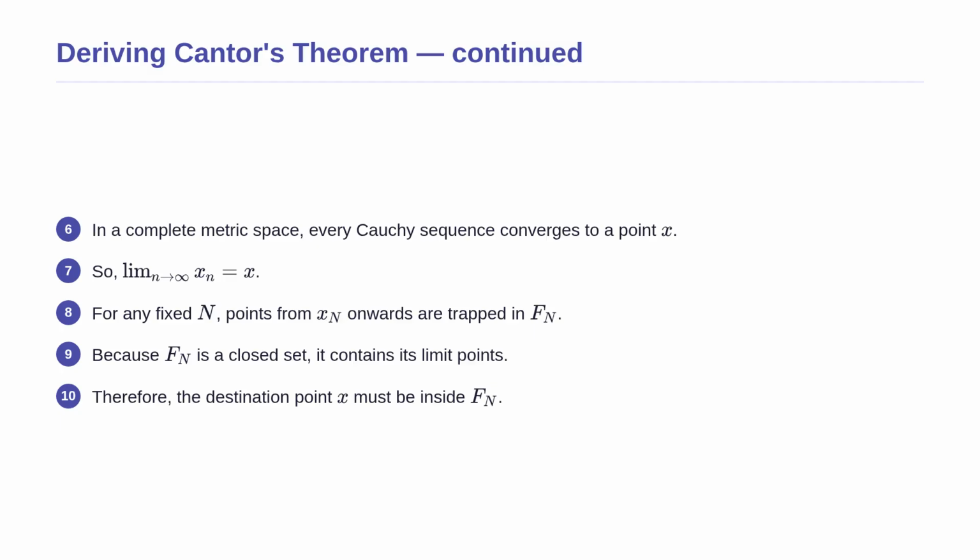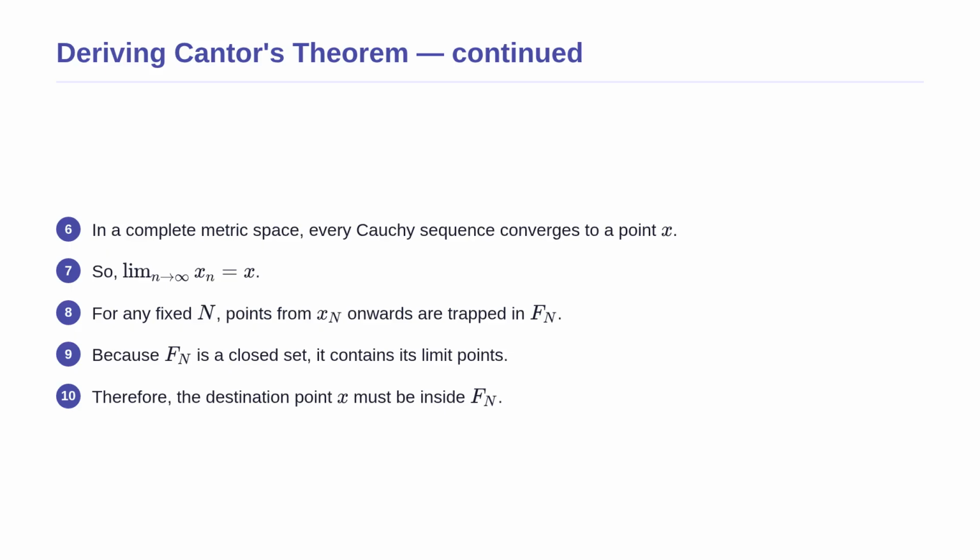Continuing with our proof, we now use the completeness of the space. Because we stated at the very beginning that our overall space is a complete metric space, we are guaranteed that every Cauchy sequence must settle down and converge to a real existing point. We will call this final destination point x. Completeness is the magic ingredient here.